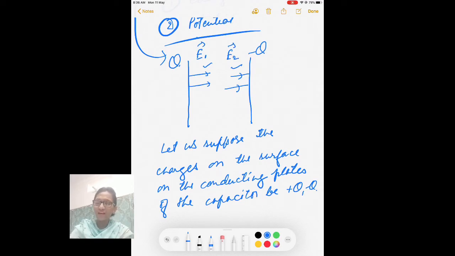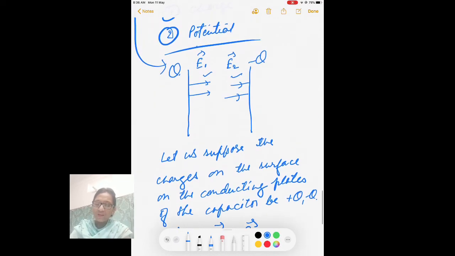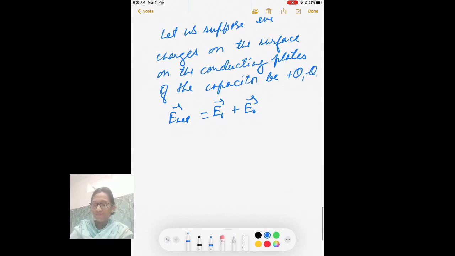You can see both are directed along the same direction. So for the net electric field E net, you will add the two fields E1 plus E2 due to the surfaces of the charged plates.